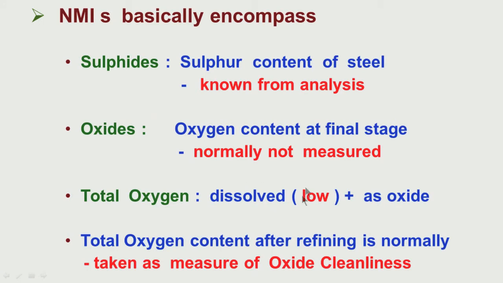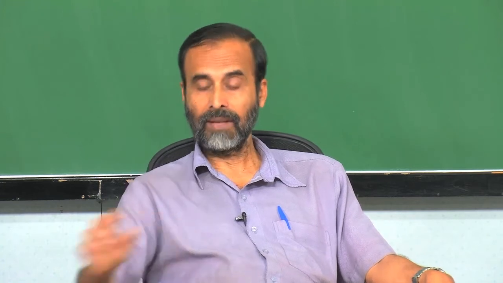We know that oxygen is present either in the dissolved state or as oxides. I have mentioned that dissolved oxygen is quite high when you have just finished melting the steel in BOF or electric arc furnace. There the dissolved oxygen is as high as 500 ppm, 600 ppm, 700 ppm, but we do deoxidation.